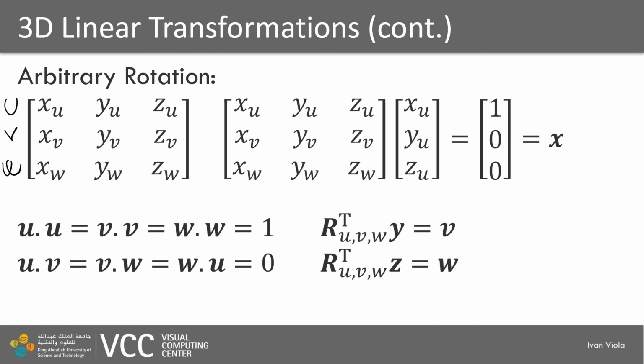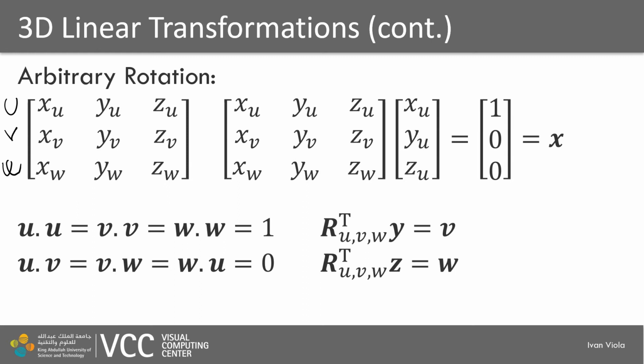If we post-multiply the column vector u with such a matrix, we will end up with the value 1, 0, 0.